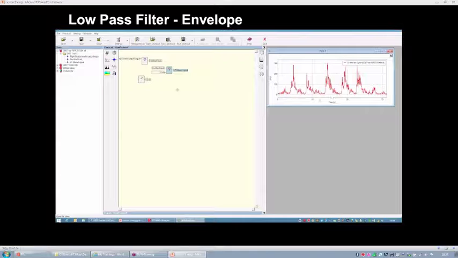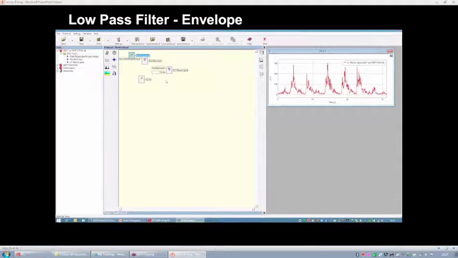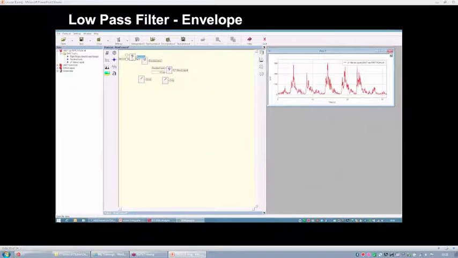Now I want to show you that the lower the frequency is, the higher is the smoothing effect of the filter. So now I'm going to show you what will be the results of the envelope if we decrease the frequency. So for example, I'm going to use 3 Hz. So again, I'm going to apply a Butterworth low-pass filter set at 3 Hz.